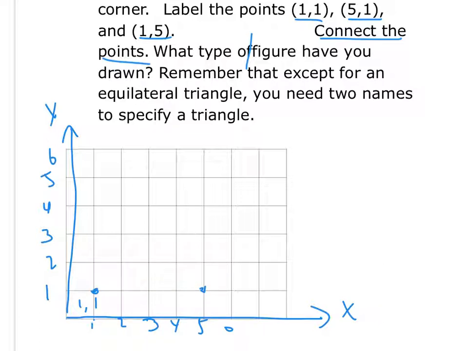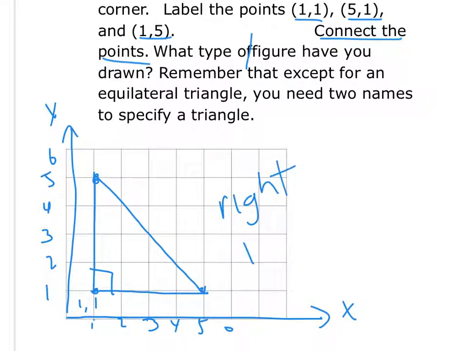And then we have 1, 5. Okay. So we look at this and we say, well, the base is length 4, and the height is 4. We have a right angle here, so this is a right isosceles triangle.